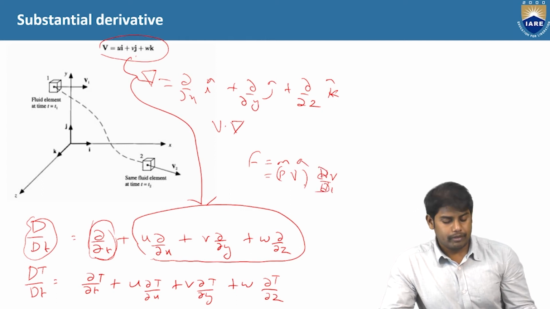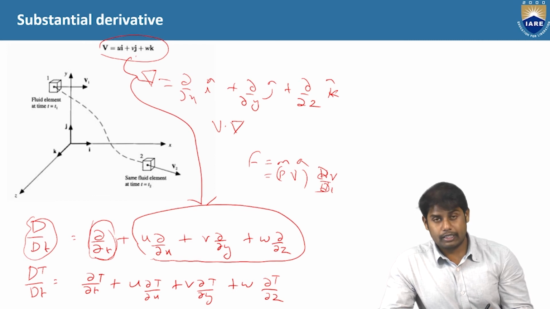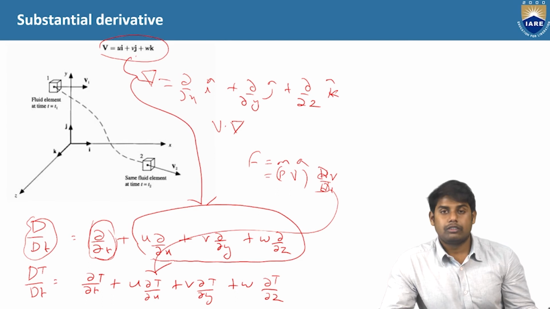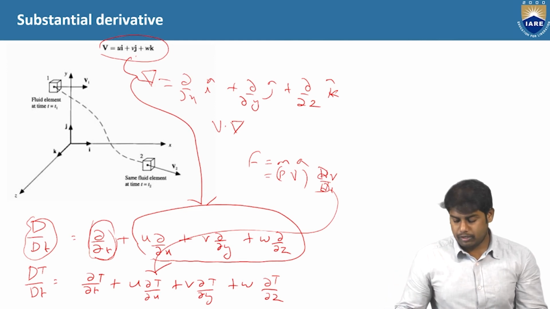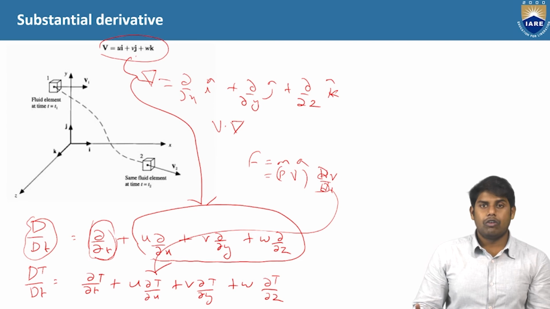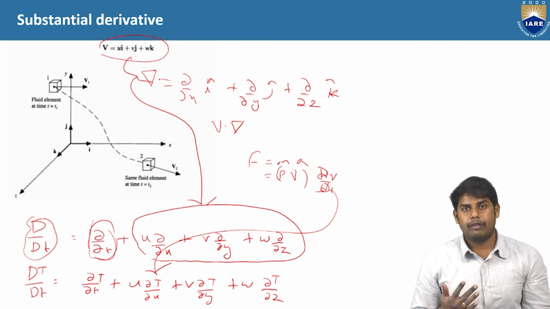This acceleration term can be written in this form. So we need detailed information about the acceleration of the fluid particle. Fine, with this knowledge we will go for the derivation of the continuity, momentum, and energy equations.